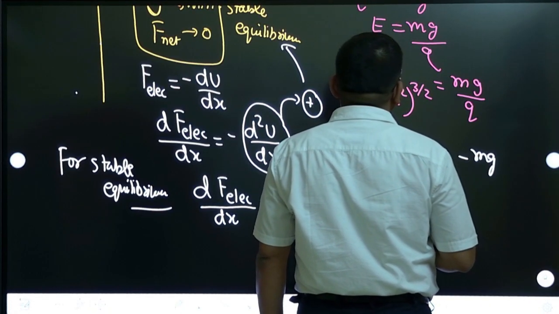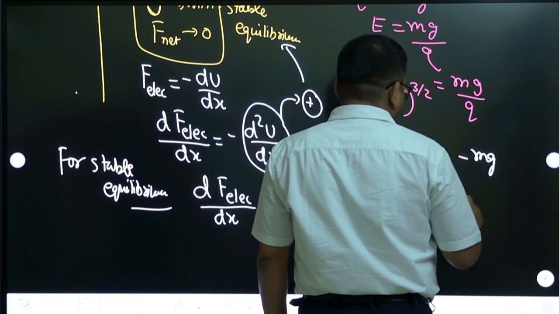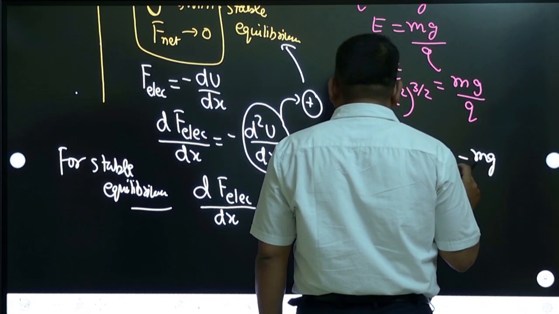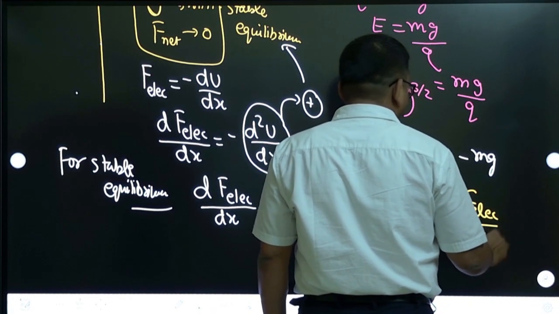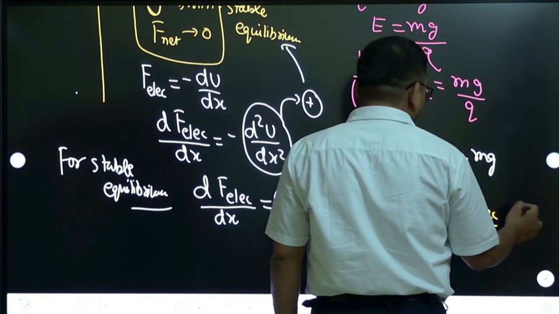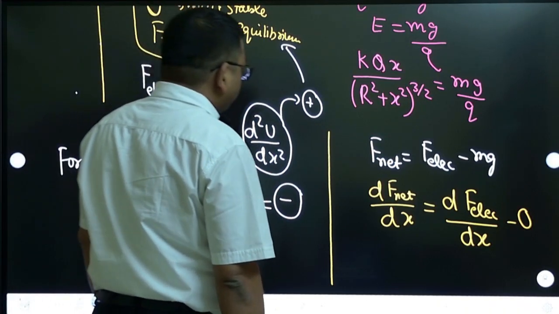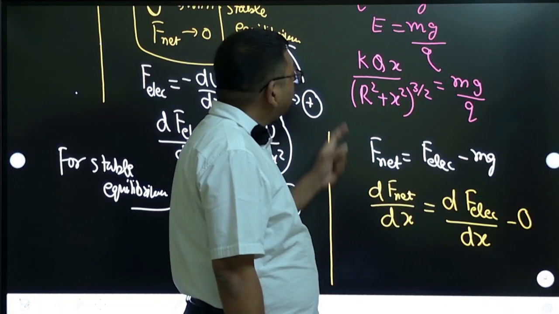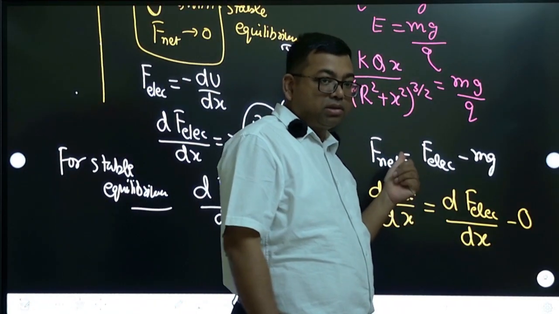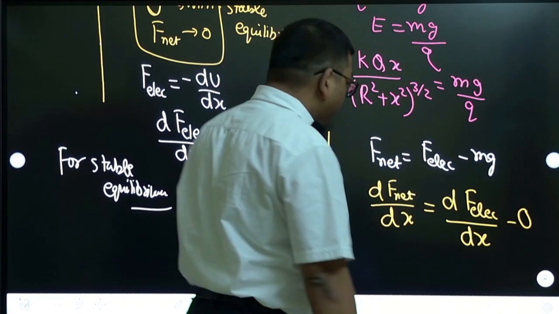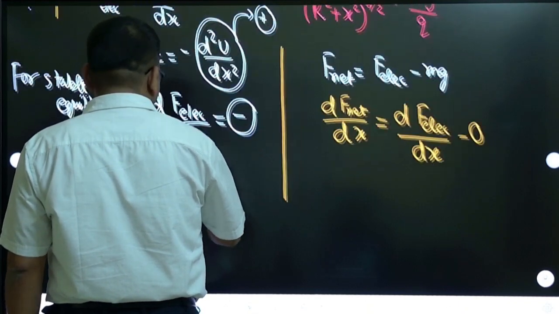What about the differentiation of this force, the electrostatic force? Mg is a constant, so that will anyway become zero. So this is going to be negative. So let us differentiate this and check what we get. I think differentiation we have already done, to calculate maxima and minima, but you have to make sure the differentiation should be negative.